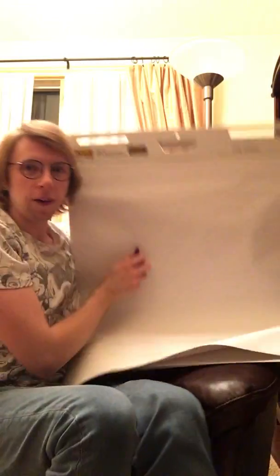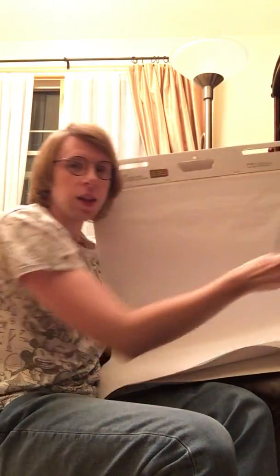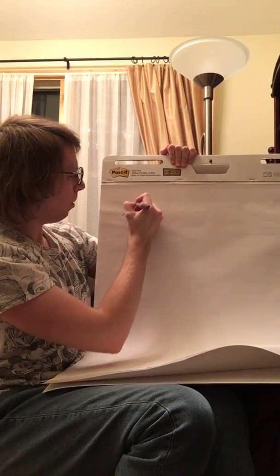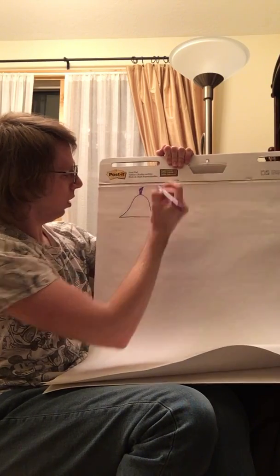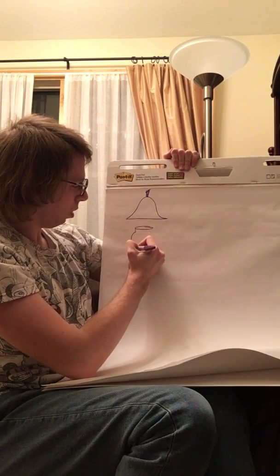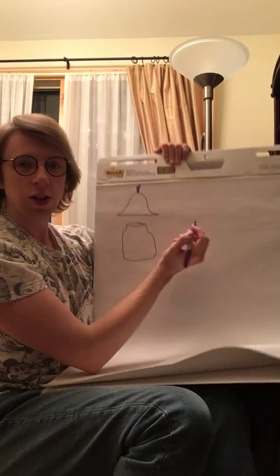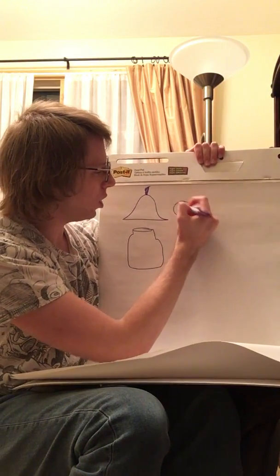Well, anyway, alright, so we're actually going to be talking about bell curves, right? So we all know that there's three different types of bell curves. We have our traditional bell, of course, thusly. We have our bell jar curve. And then thirdly and finally, we have our jingle bell.